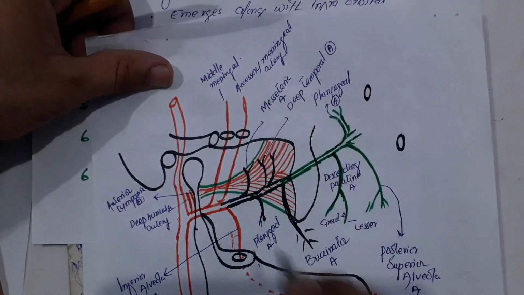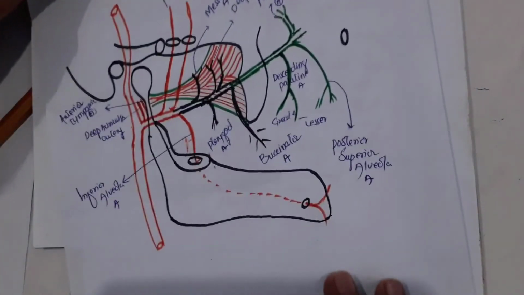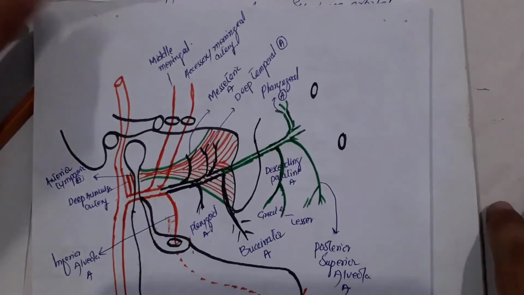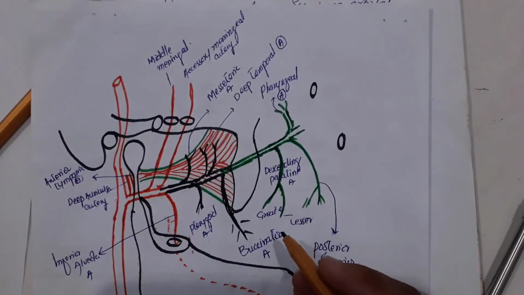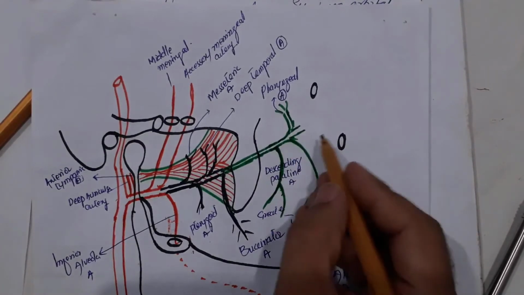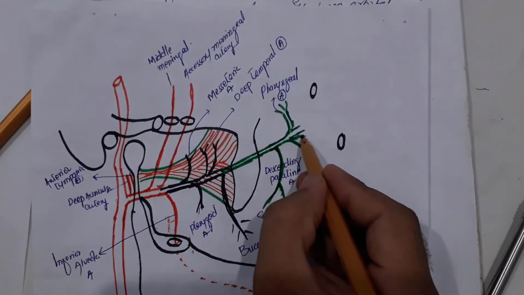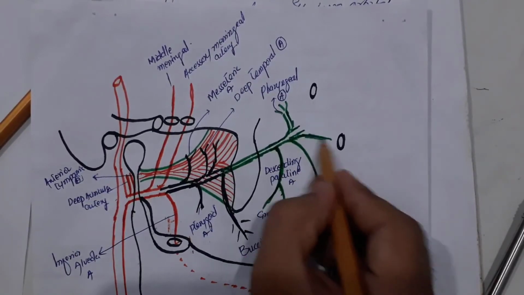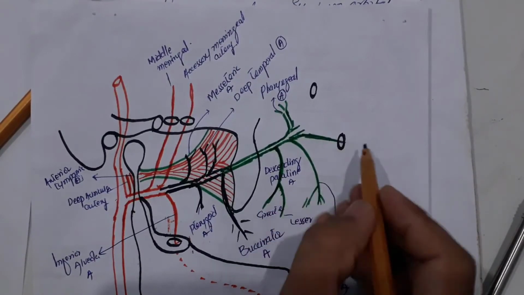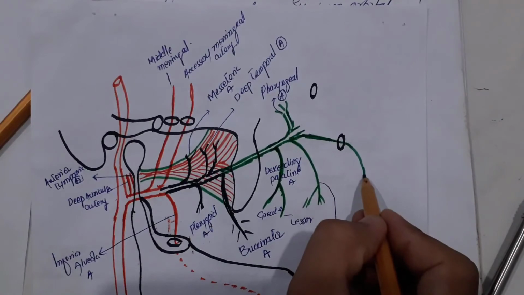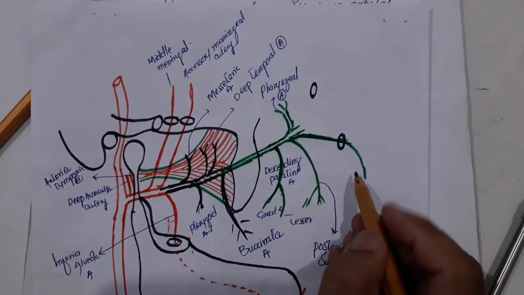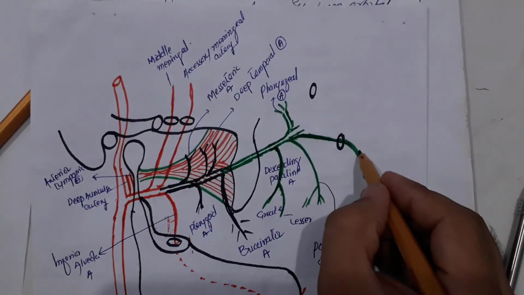Pharyngeal artery. I hope you can see this diagram in the video clearly. Then further moving forward a little bit, an artery arises and moves through the infraorbital foramen and exits from here like this. So this is the infraorbital artery, clear?